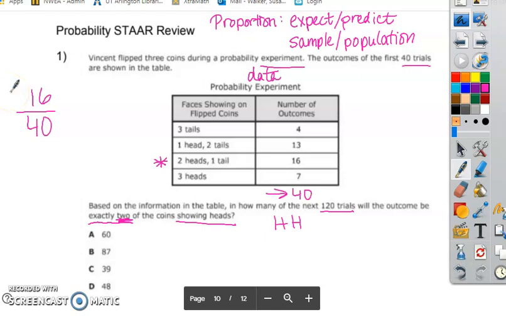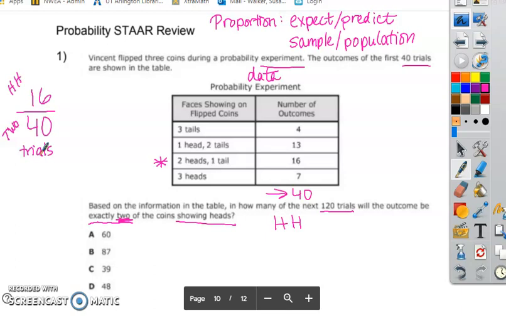So I'm going to put HH here, because that's for heads, heads. This is our total. I'm going to put total, whole, original, even though this is not a percent. Or I could even put total trials. That might make it easier for you. Whatever you think is going to make more sense to you, okay?